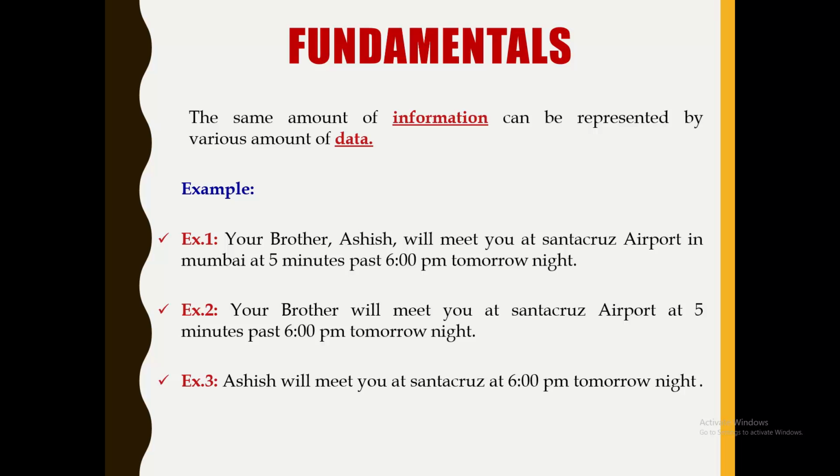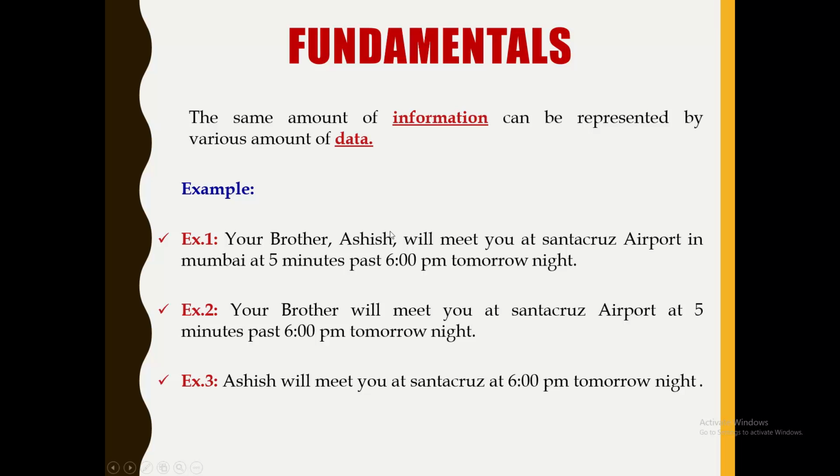The same amount of information can be represented by various amounts of data. You can see in example 1: your brother Ashish will meet you at Santa Cruz airport in Mumbai at 5 minutes past 6 p.m. tomorrow night. You can send this message, but it needs a larger memory storage capacity as compared to the next one.